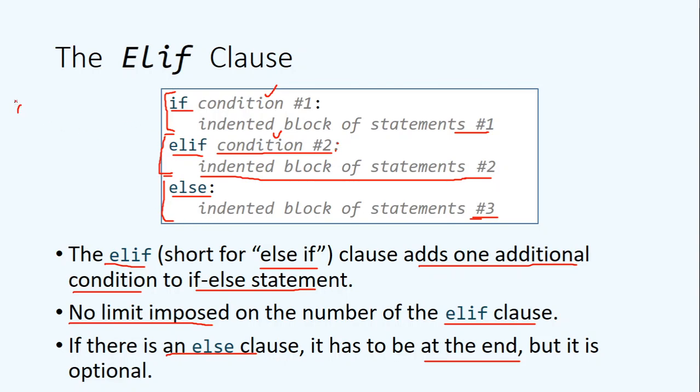So it's possible to have something like this: if some condition, you do something here, followed by else if some other condition, you do something here, and then you just keep having else if non-stop, and it is still fine even without the else.